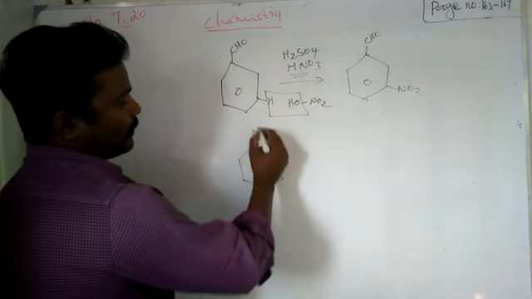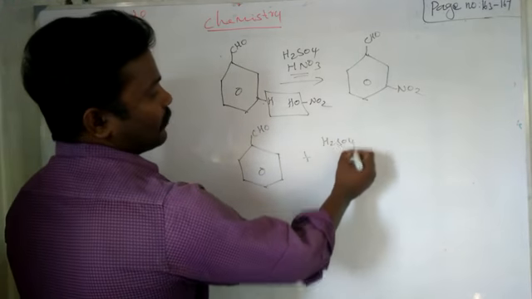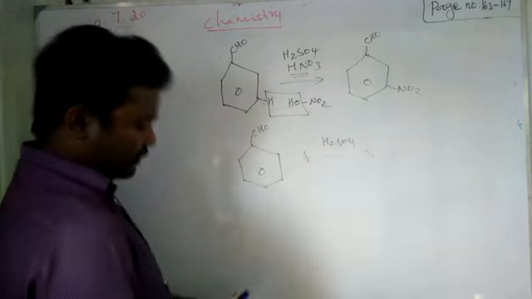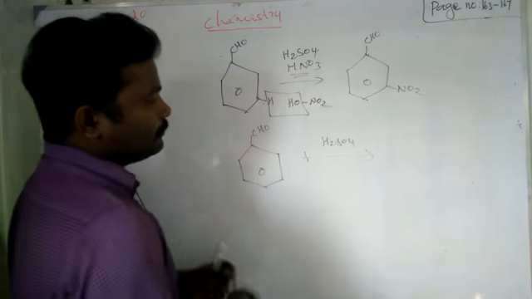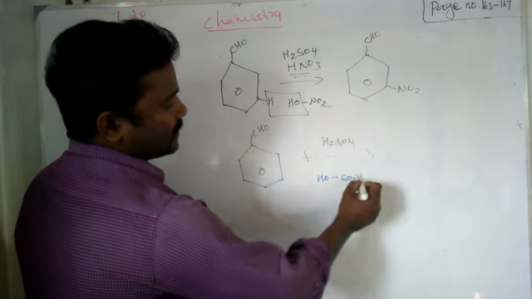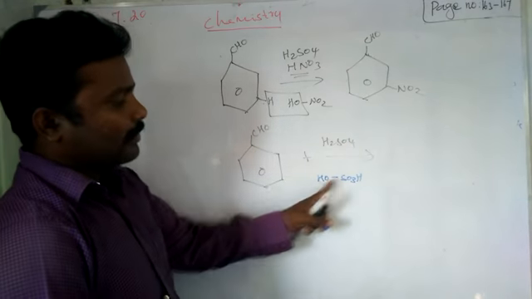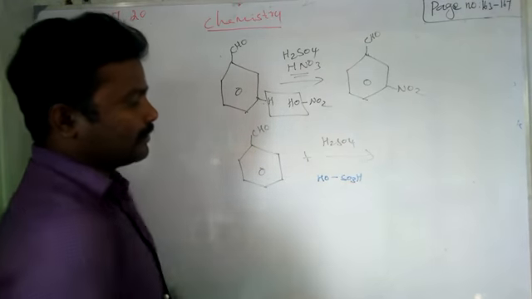The same way, sulfonation. CHO plus sulfuric acid, H2SO4. The sulfuric acid you can write as HOSO3H: 4 oxygens, 3 plus 1, and 2 hydrogens.